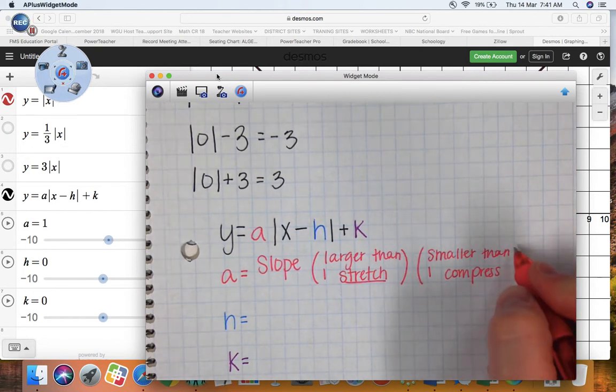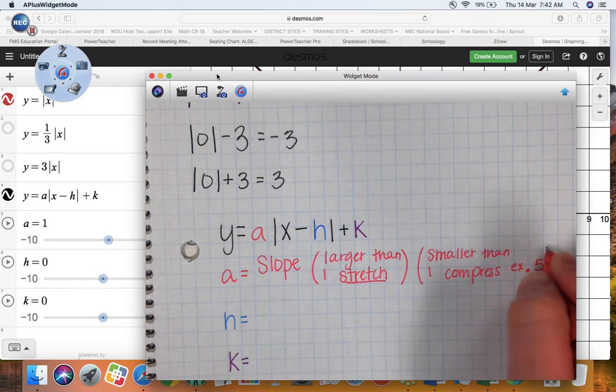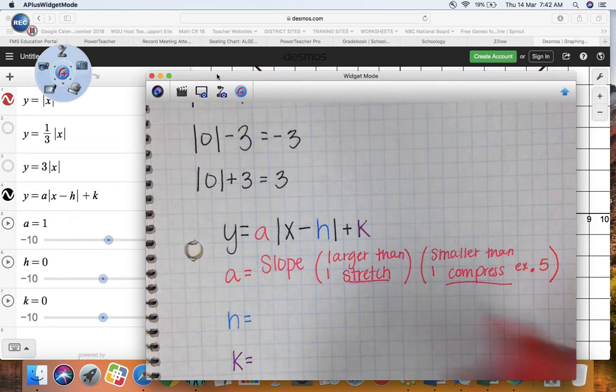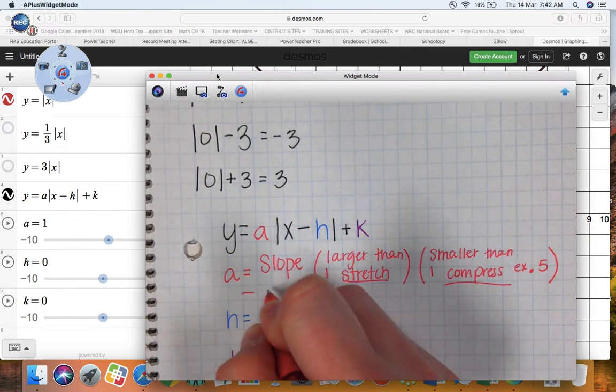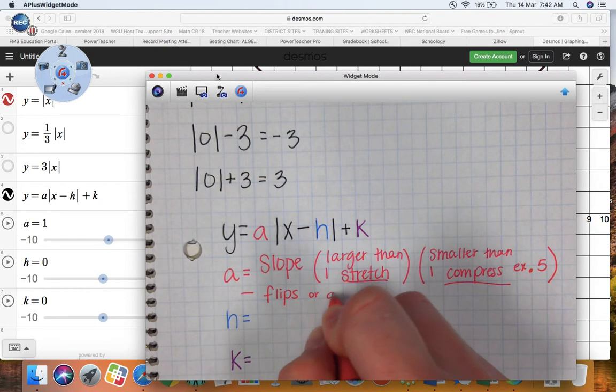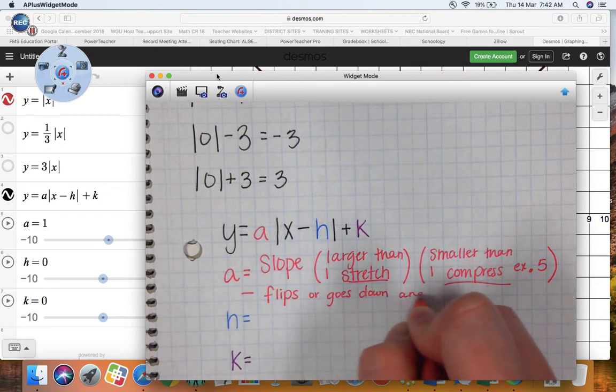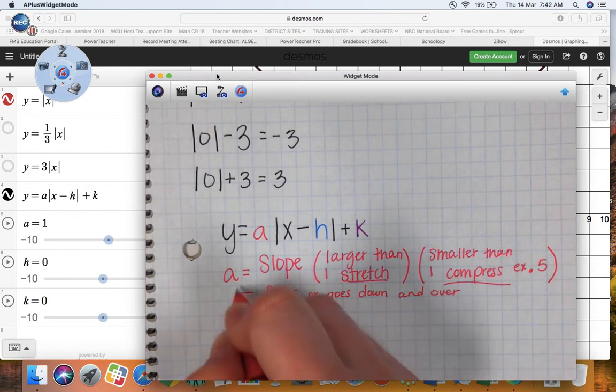So like an example of 0.5, it's compressed. A negative flips, or goes down and over.